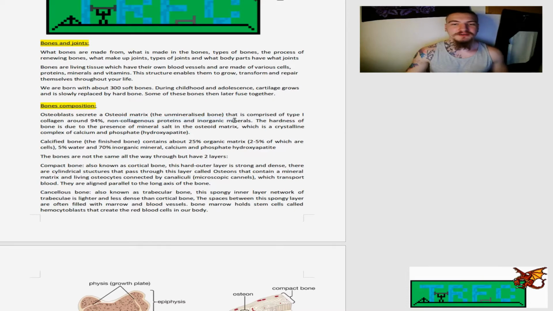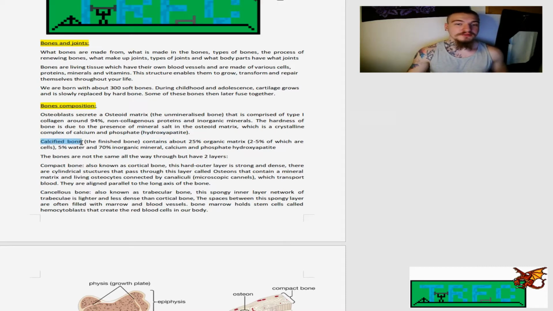As you can guess, the inorganic minerals are stuff like calcium and phosphate. The hardness of the bone is due to the presence of mineral salts in the osteoid matrix. Basically this is a crystalline complex of calcium and phosphate known as hydroxyapatites.